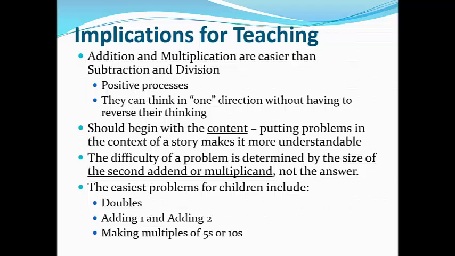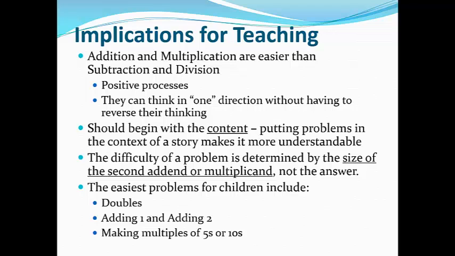Another important thing is that the difficulty of a problem is determined by the size of the second addend or the multiplicand, so the second number, not the answer. You see lots of textbooks that will say children are going to solve problems to 10, to 20, etc. What makes a problem difficult is not the answer, but the size of that second number in the problem.